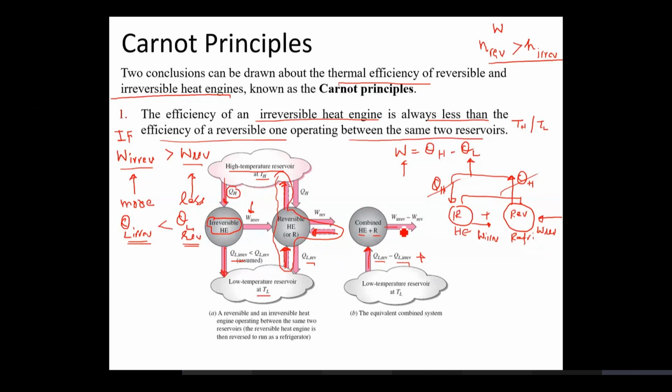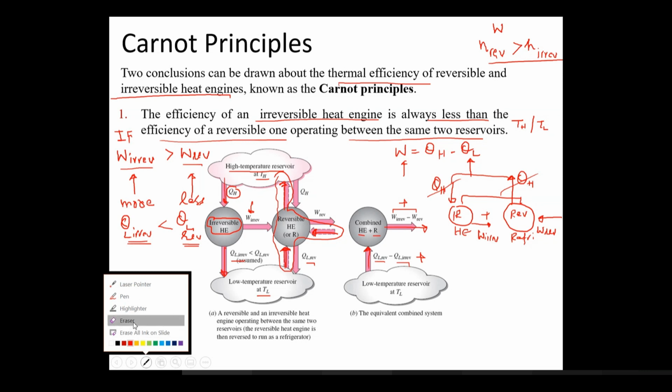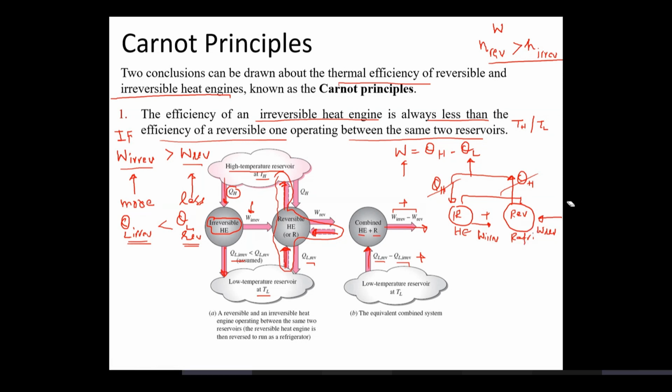So the direction of irreversible would be followed, and you will have work irreversible minus work reversible as a positive quantity. Clear enough? Yes, sir. So far, is it clear? Yes, sir. Clear, sir. All right.